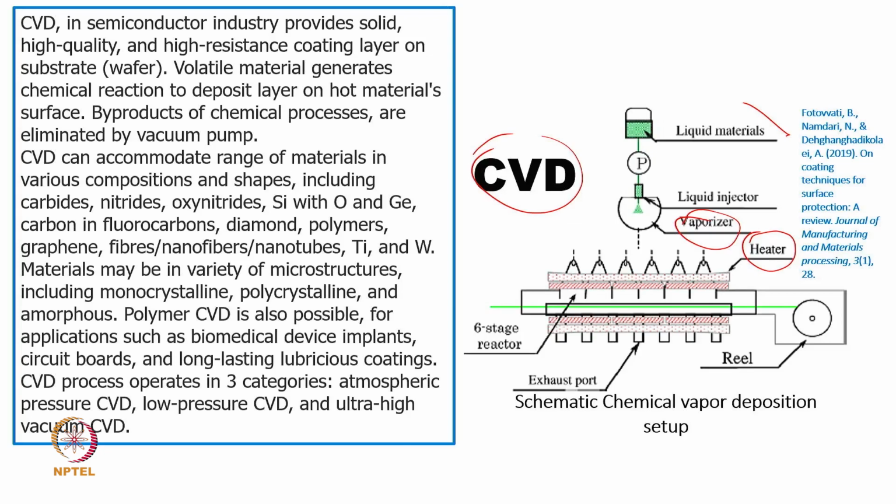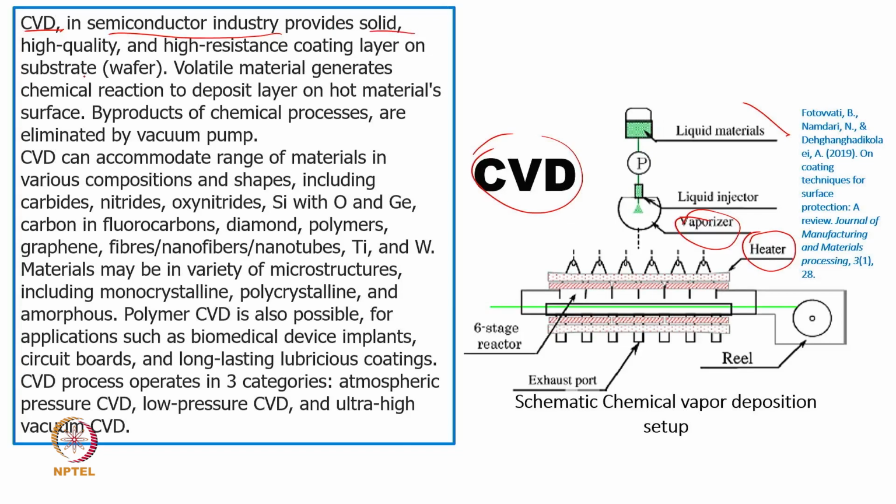This is very important in CVD, and the life of the CVD coating is very high compared to other coatings, which is why CVD is more commonly used in the semiconductor industry, where we have very thin wafers, in the micron level.